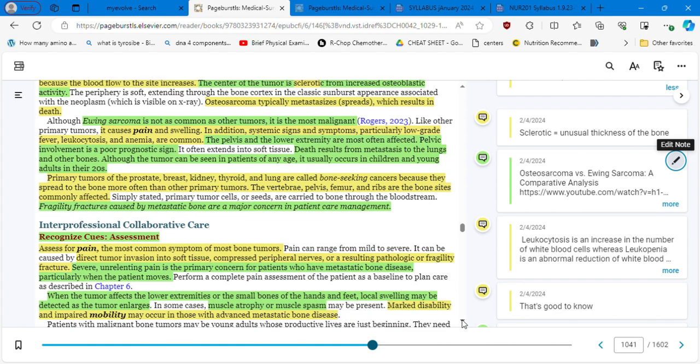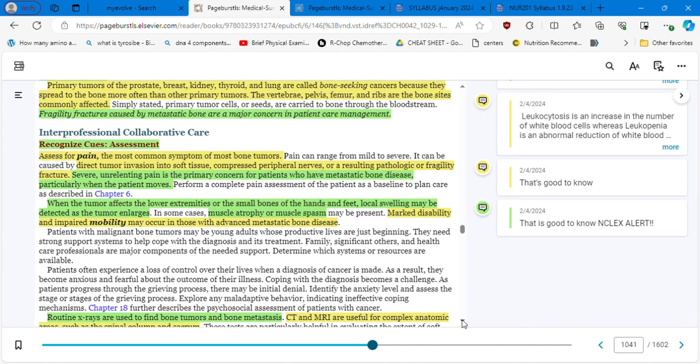Impressive. Okay, so let's assess for pain, the most common symptom of most bone tumors, and especially with movement, right? Direct tumor invasion into soft tissue, compressed peripheral nerves, or a resulting pathologic or fragility fracture. That's why the pain is caused by that, the direct tumor invasion.